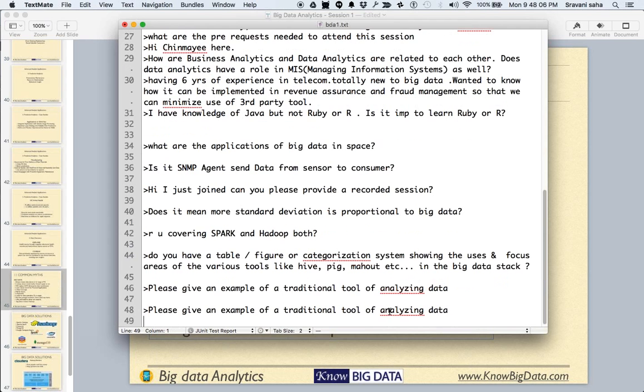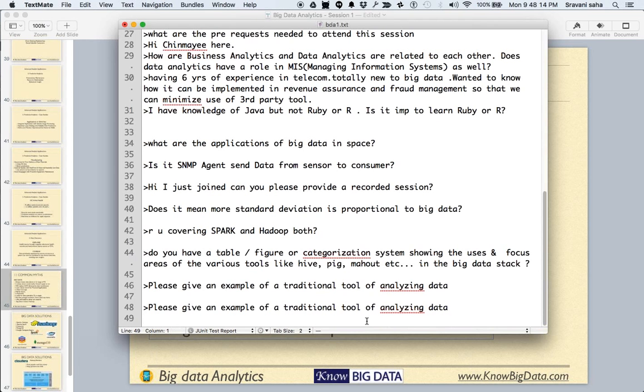Another question from Pranav. Please give an example of a traditional tool for analyzing data. So an example of a traditional tool of analyzing data could be R, could be even your SQL, which is heavily used to analyze data, and even SAS is used for analyzing data.